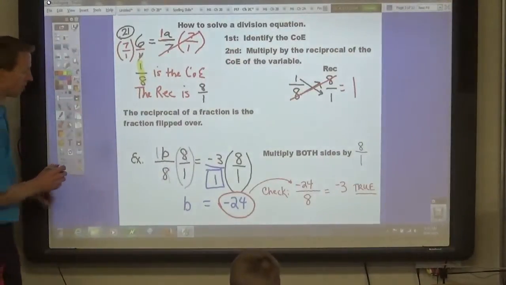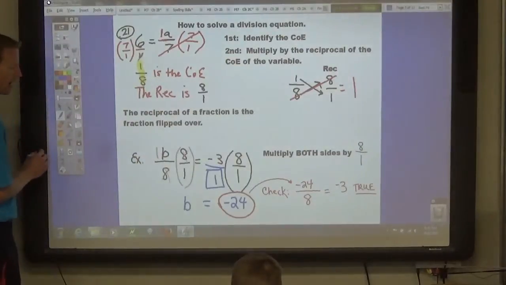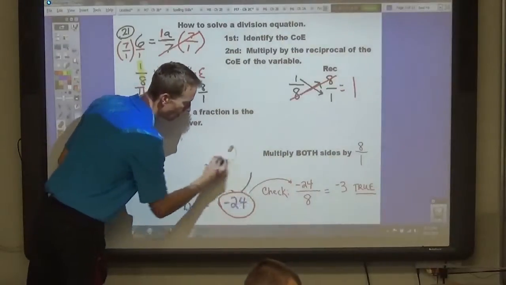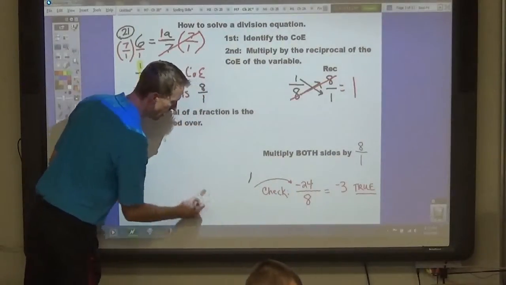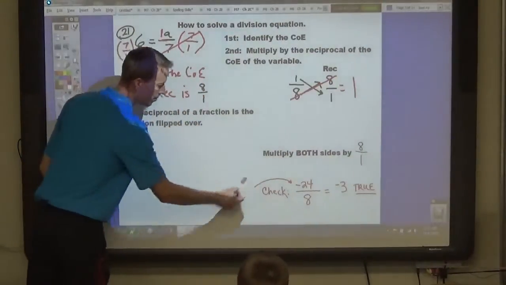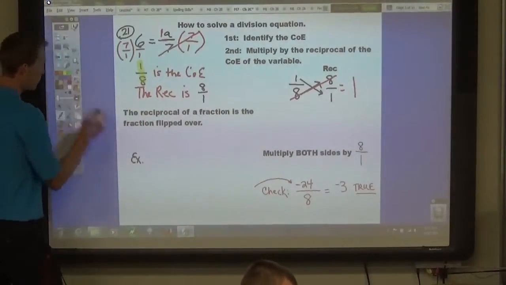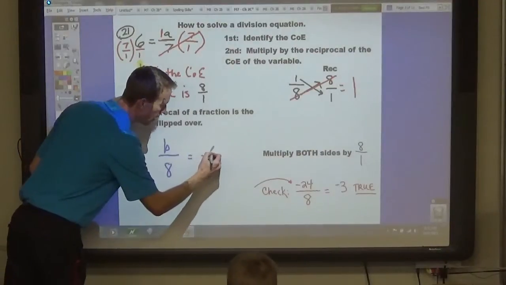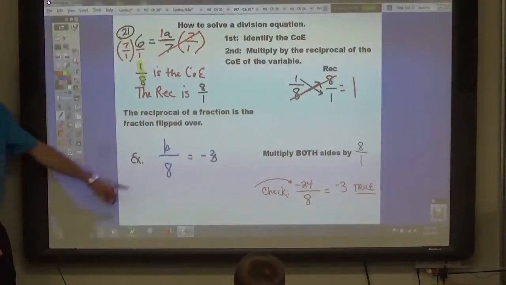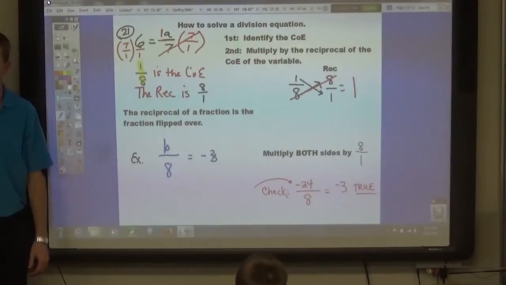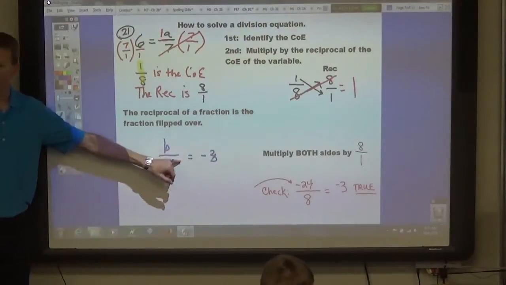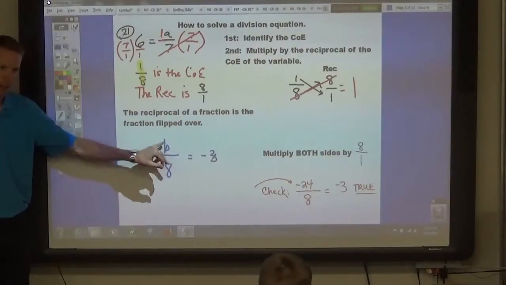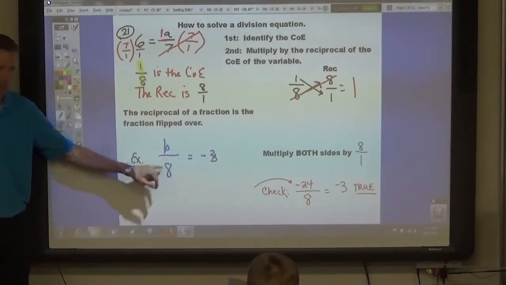Let's rewrite this one. B over 8 equals -3. I'm going to rewrite it for you, okay? b over 8 equals negative 3. Okay, let's start with this equation. Now, the side with the variable has b over 8. What's the number in front of b? 1.